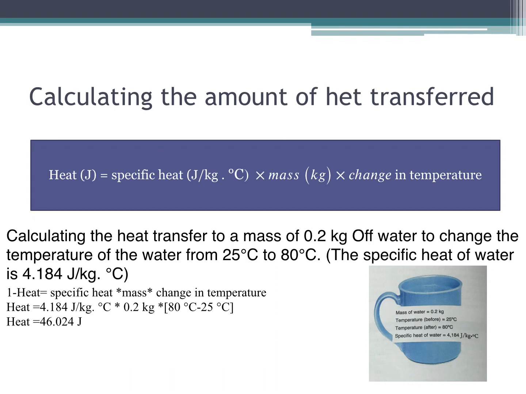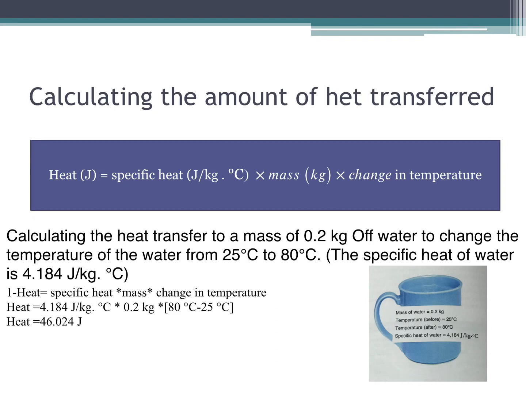What is the information that the question gives me? First, the mass of the water, which is 0.2 kilogram, the temperature before any change, and the temperature after the change, which is 80 degrees Celsius. And another piece of information given is the specific heat of water, which is 4.184 joules per kilogram per Celsius.